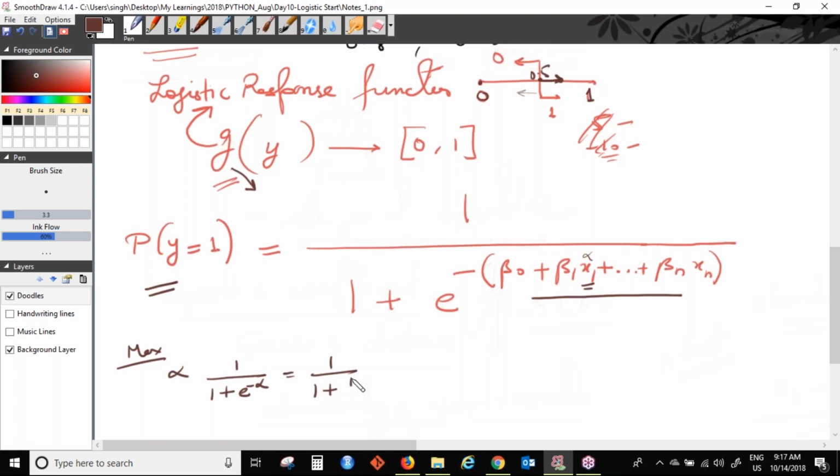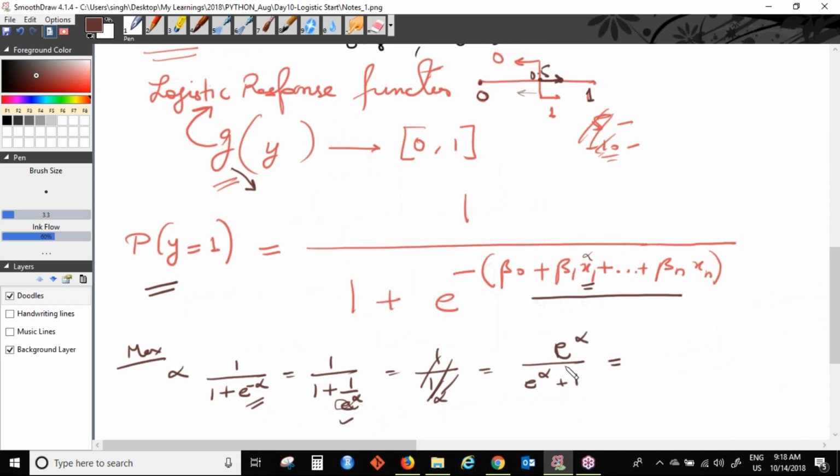So this I can write as 1 divided by 1 plus 1 divided by e to the power infinity.